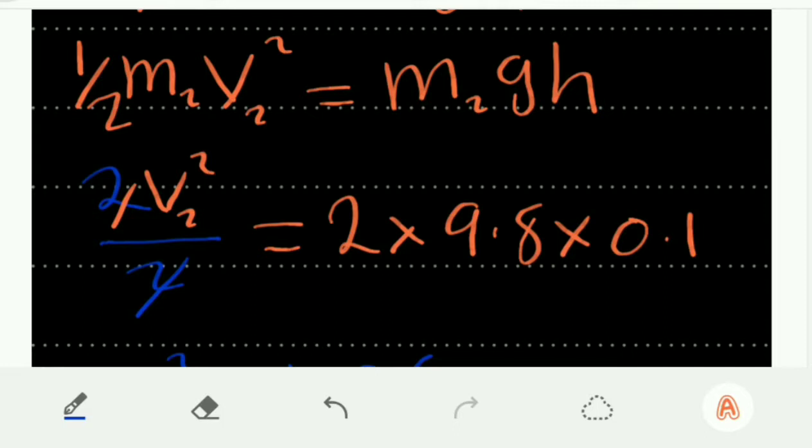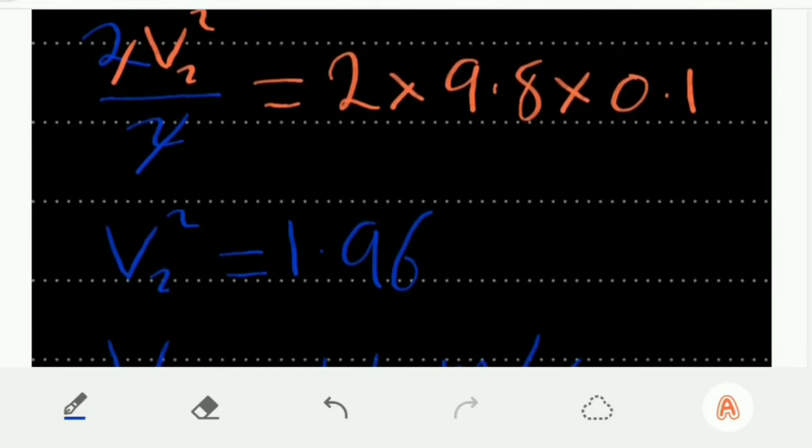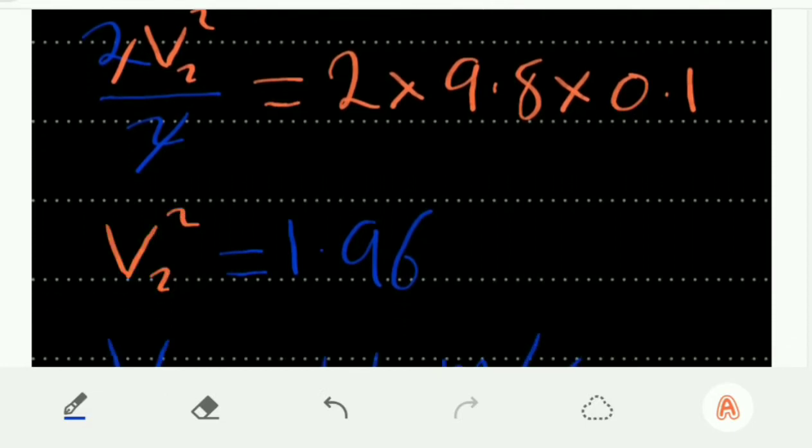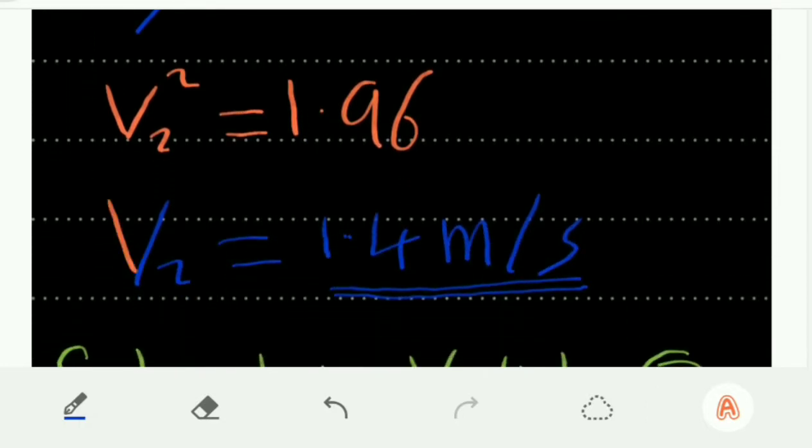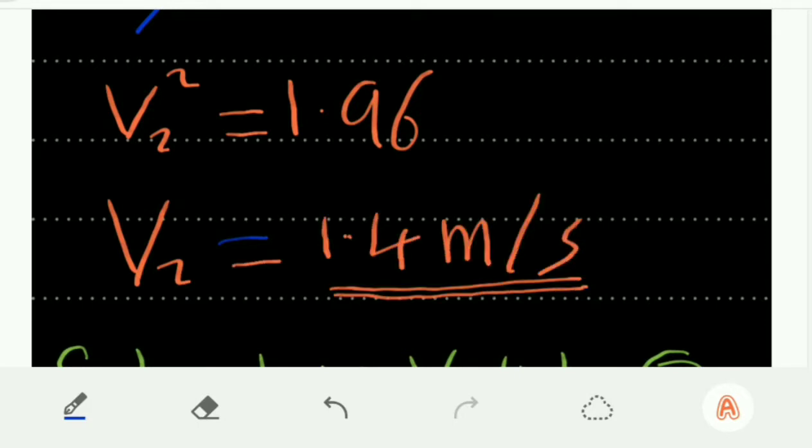Then we have that v2 squared equals 1.96, and if we get the square root of that, we find v2 as 1.4 meters per second. This is the final velocity of the block.